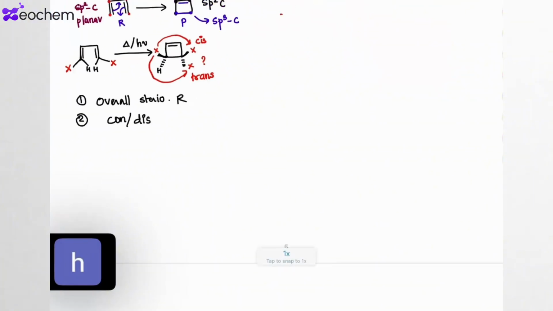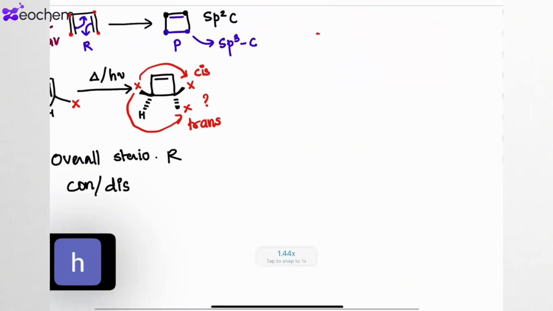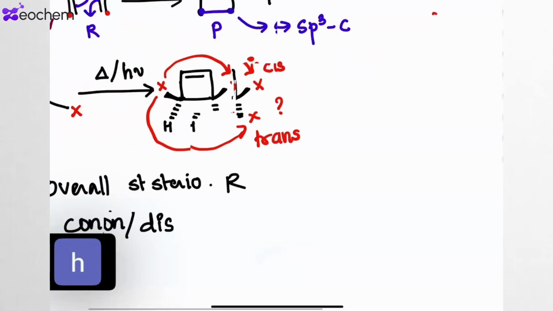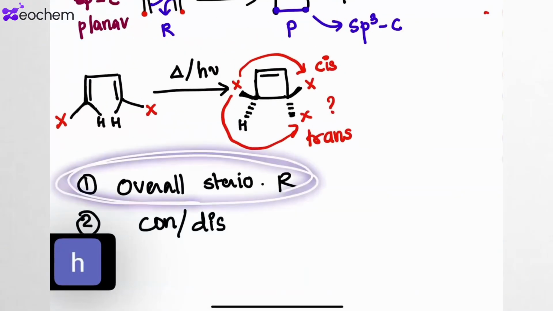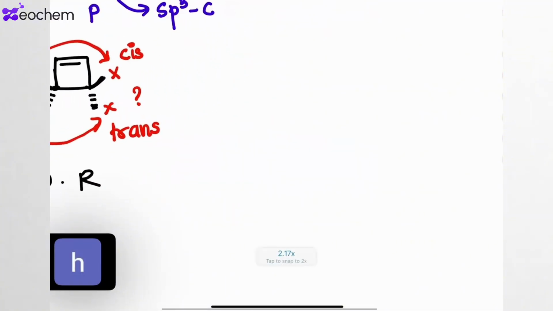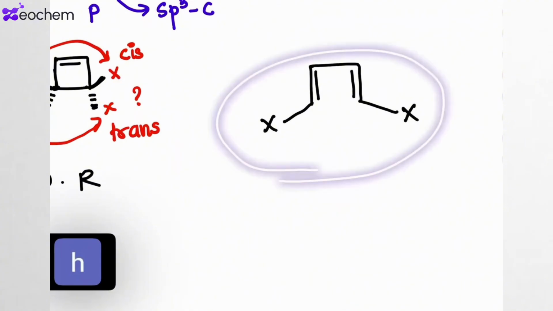To explain this, I'll take a molecule. First I'll explain how to determine the overall stereochemistry of the reactant. For that, I'll take a few reactant molecules. Suppose here I'll take the same molecule that we discussed now. To look at the overall stereochemistry of the reactant, we need to look at two bonds.